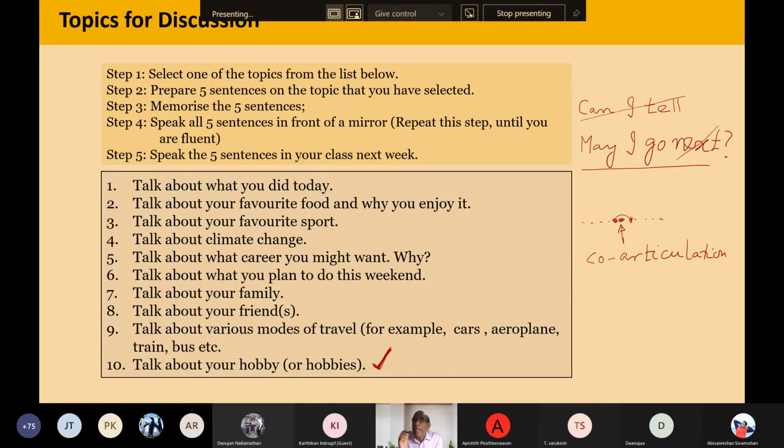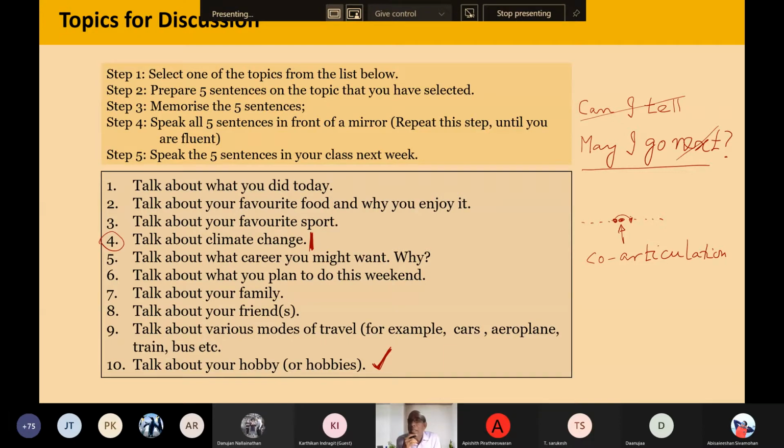Okay, now, anybody else before I move on? Anybody else? Okay, next week's topic is going to be climate change. Number 4. Everybody has to speak about climate change. 4 sentences, 5 sentences.